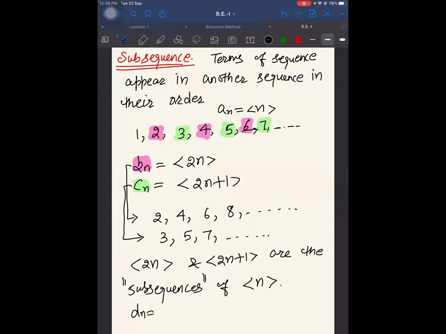Let me write 4n. That is also a subsequence of n: 4, 8, 12, and so on. We didn't change the order; the order is as it is, but we are picking a few terms from the sequence. Is it okay?